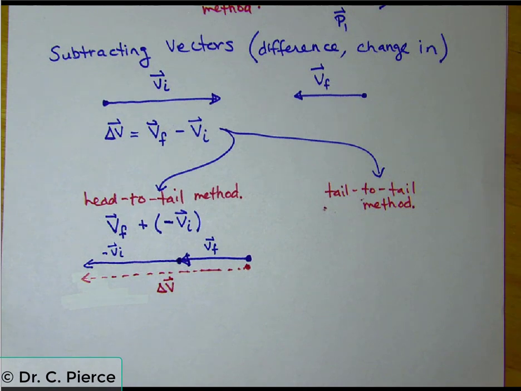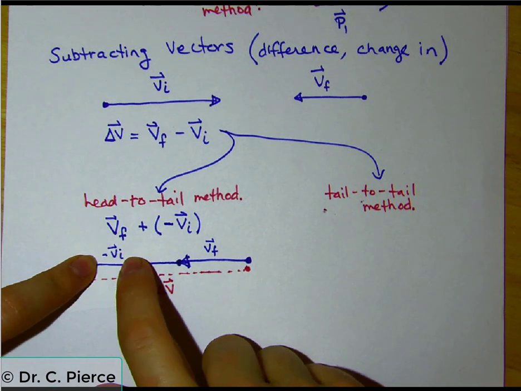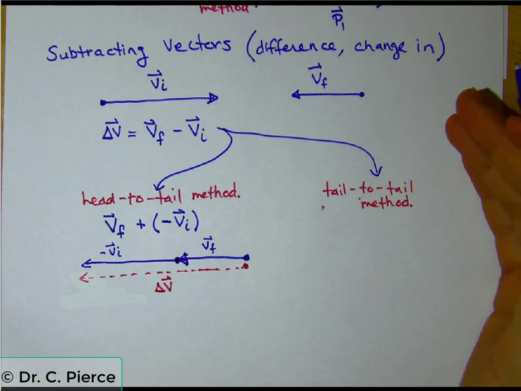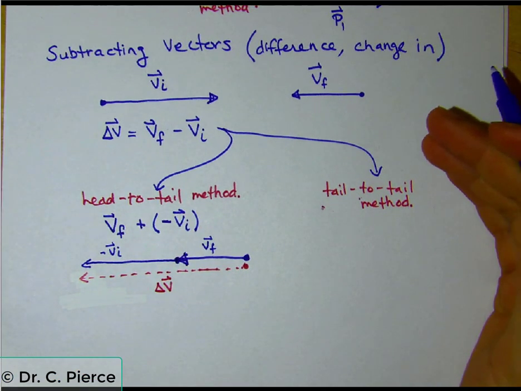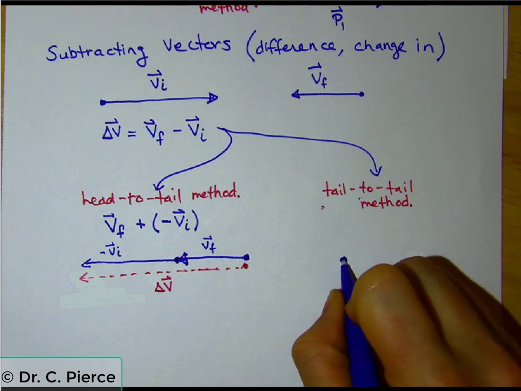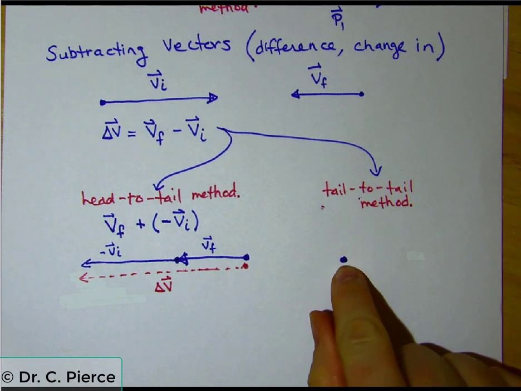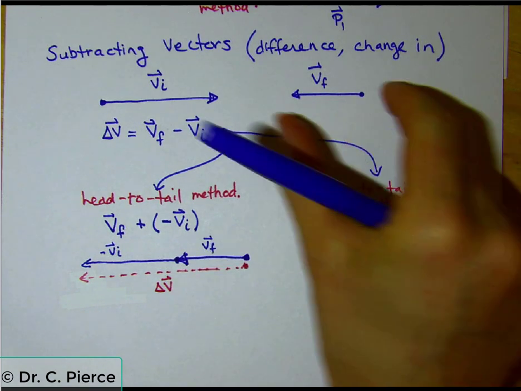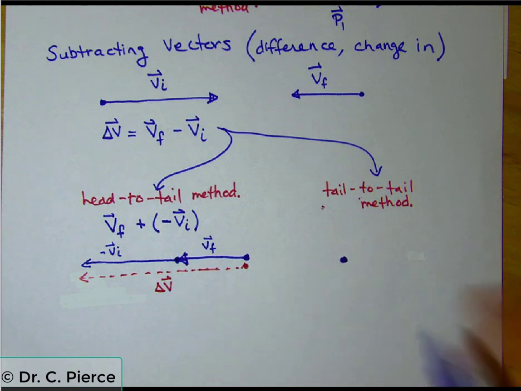Now, if you don't like having to imagine the negative of a vector and flipping it, you can use this other method. But that means you have to remember two different ways of doing it. So pick a starting spot, doesn't matter where, and you're going to draw both arrows starting here, kind of lining them up tail and tail here. So the tail of this arrow is going to get redrawn here.